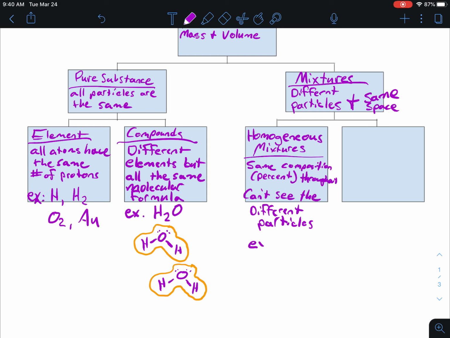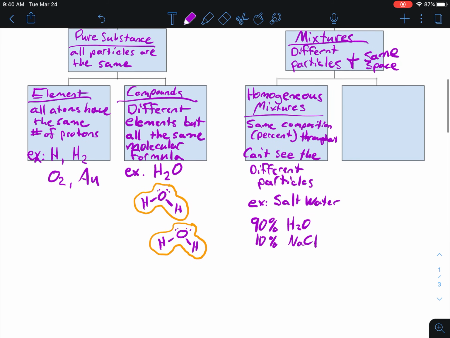For example, we might have salt water. So we have, let's say, 90% H2O, but we also have 10% NaCl.